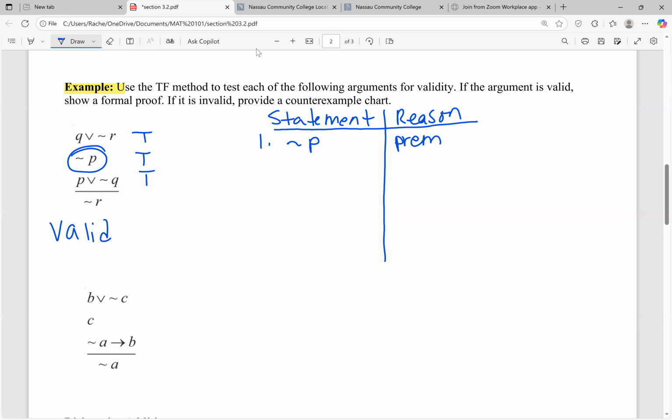Now look, we only have two other premises, and I see the third one contains P. So I'm thinking, and it's a disjunction, right? So maybe the disjunctive syllogism. So for 2, I'm going to state P or not Q, true by being a premise.